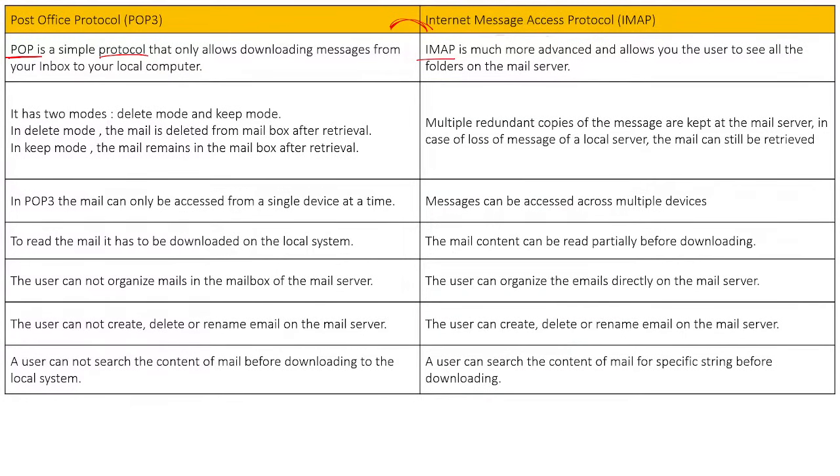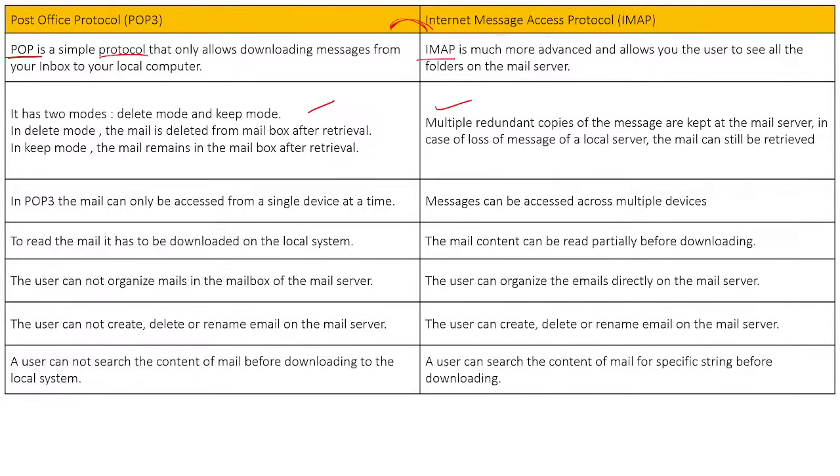What is the main difference? POP is working locally in your local machine, but with IMAP you are actually working on the server. Sometimes we install some internet messenger, like the Gmail app.